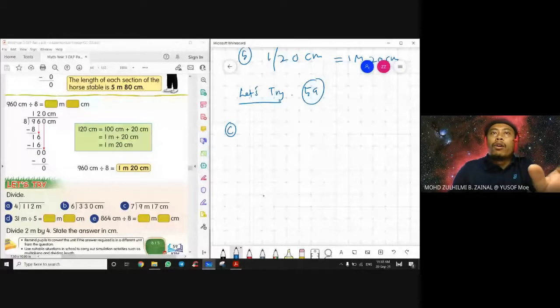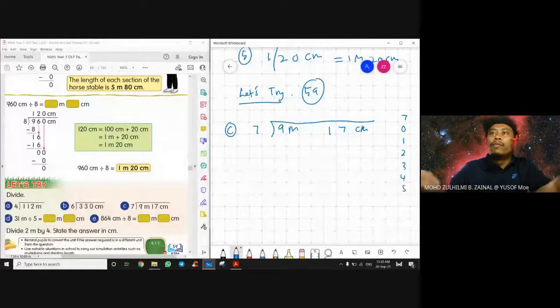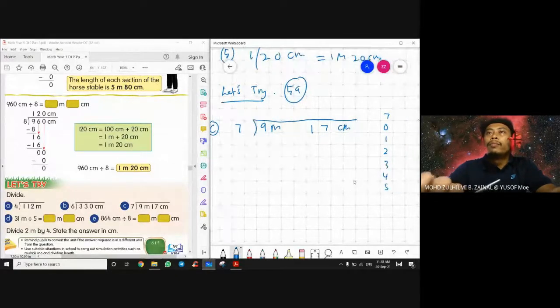C, let's see for question number C. Okay, C, the question is asked you 9 meters 17 centimeters. Okay, what should you do? 7, 7, 0, 1, 2, 3, 4, 5. Kita buat sampai 5 dulu.